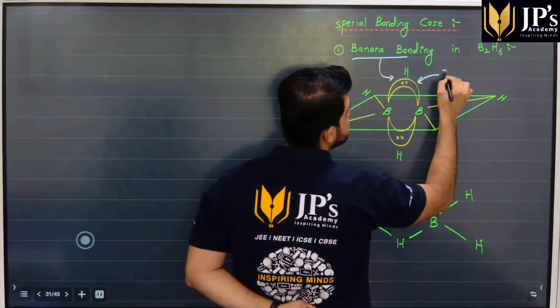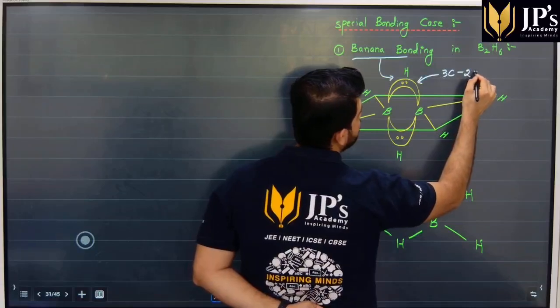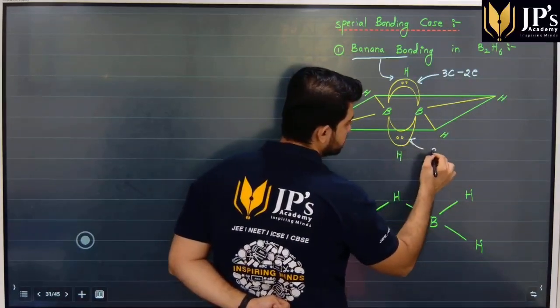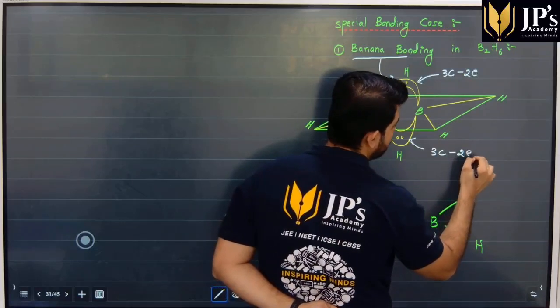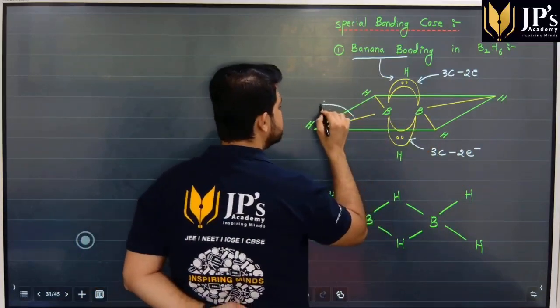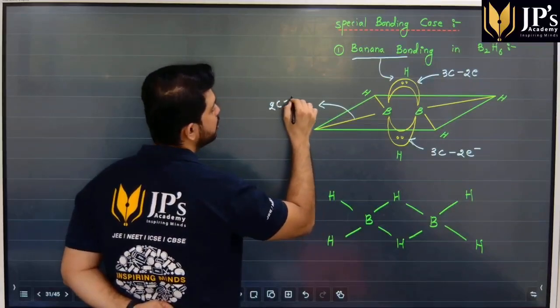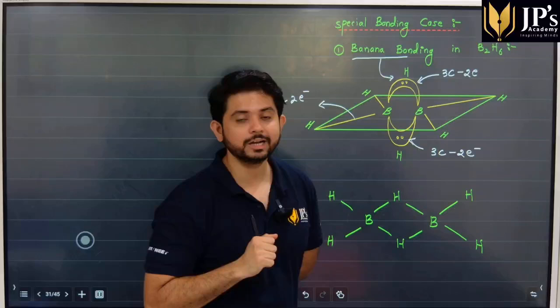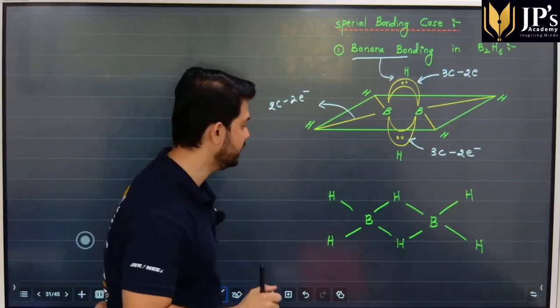This is called a 3 center 2 electron bond. This bond below as well, students, is also a 3 center 2 electron bond. And the yellow bonds that I have made, students, these are 2 center 2 electron bonds. The banana bonds or the 3 center 2 electron bonds are perpendicular to the plane.